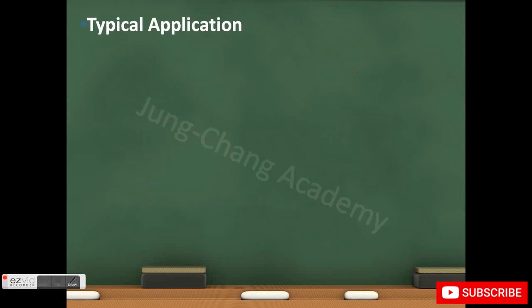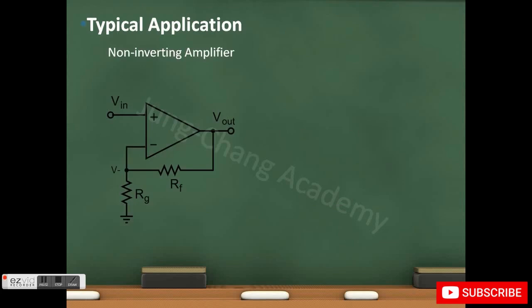Let's look at a non-inverting amplifier as an example. To see how this circuit works, assume we start by inputting a voltage, say 3 volts at Vin. Initially, the voltage at V- is 0 volt, so the output voltage will take the difference between the two inputs and start to increase.